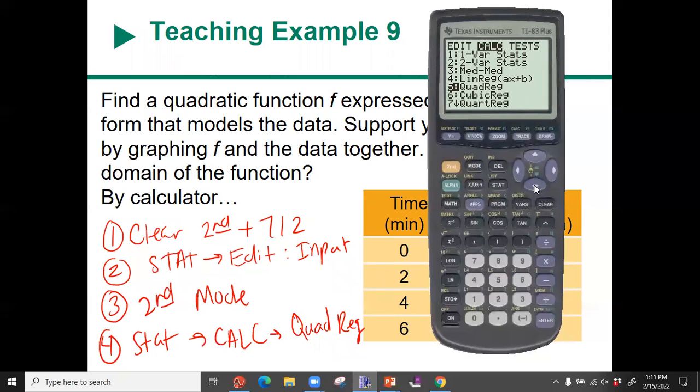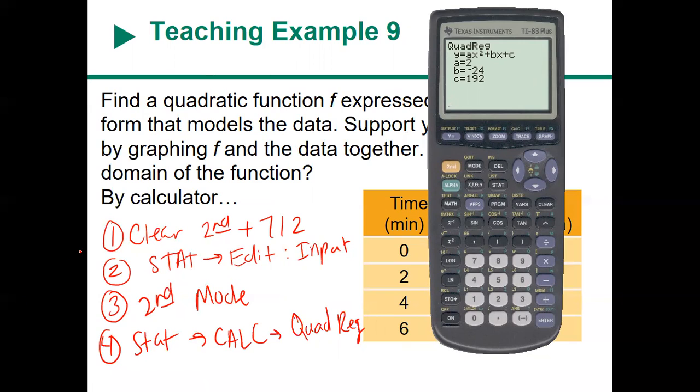So you see, it's 4 steps. And then hit enter, and then you're going to hit enter again, and it does all the math for you. I just feel like this is a lot. Quad reg, enter, enter.